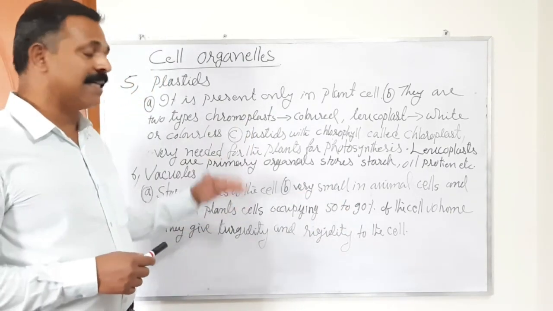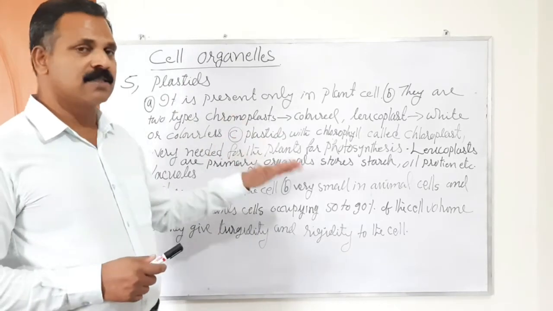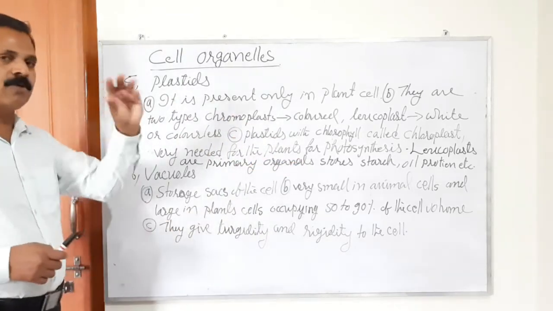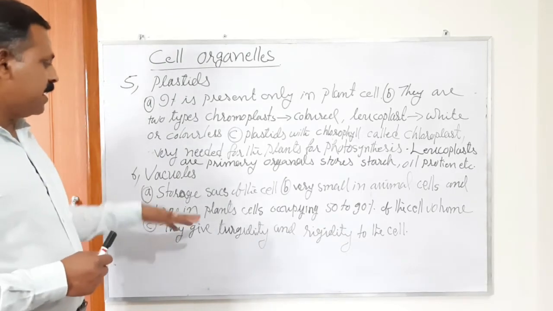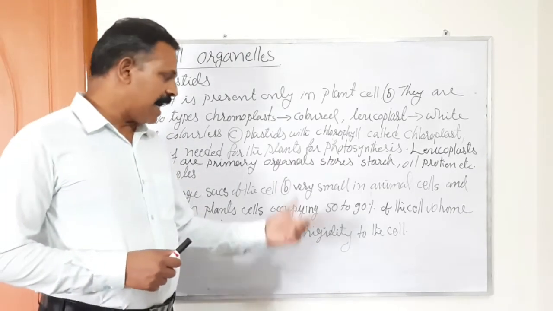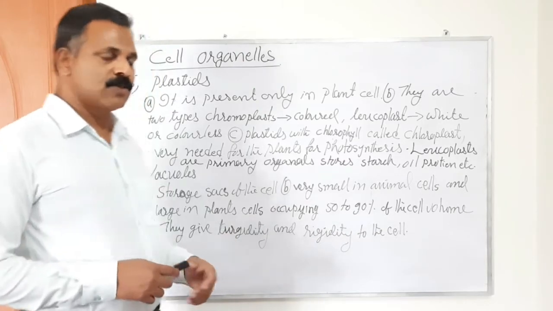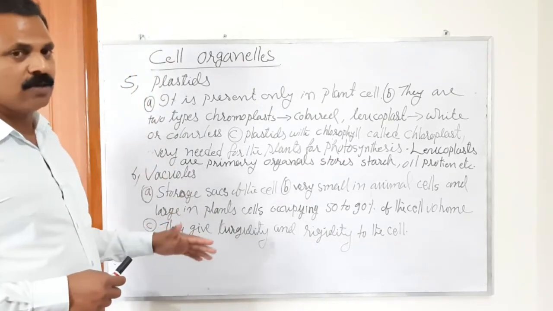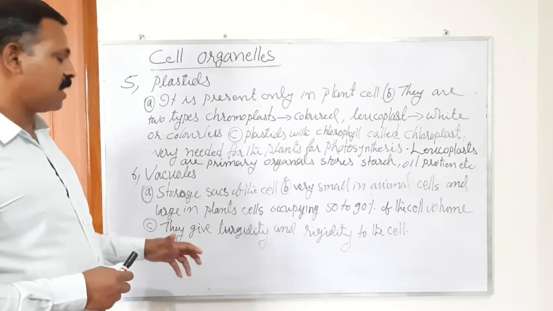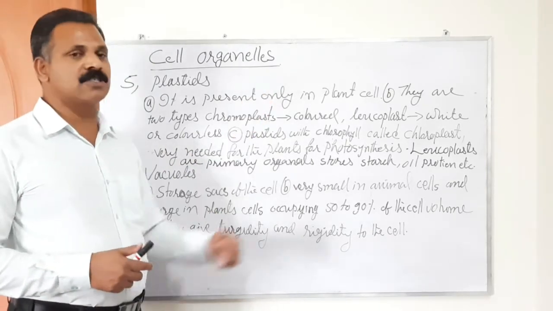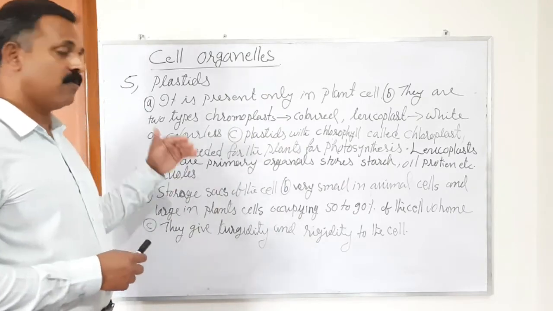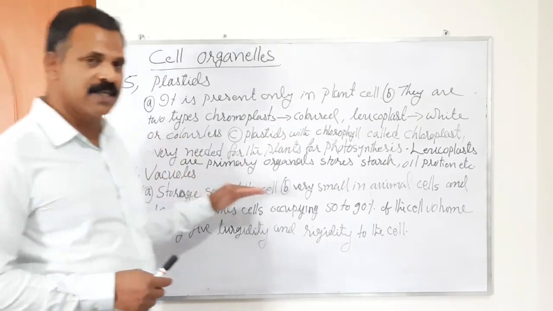But these vacuoles are very small in size in animal cells. And they give turgidity and rigidity to the cell. Because of the presence of this vacuole, the plant cells are hard and rigid in nature. So the rigidity of the cell is because of the presence of vacuoles in the cell.